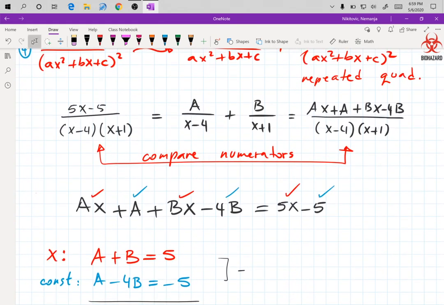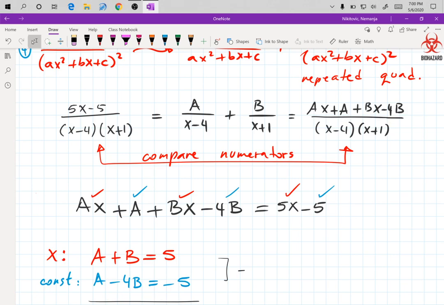You see the red equation is for x's. A plus B equals 5. You just ignore those x's. A plus B equals 5. Those are the red ones. And then A minus 4B is negative 5. That's the blue ones, blue check marks. That's generally the trickiest part of the whole thing.